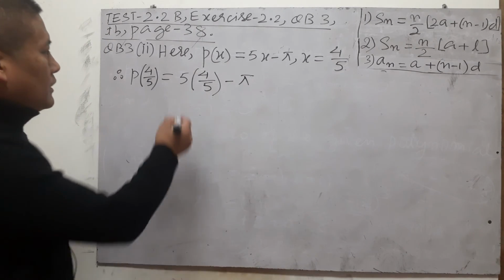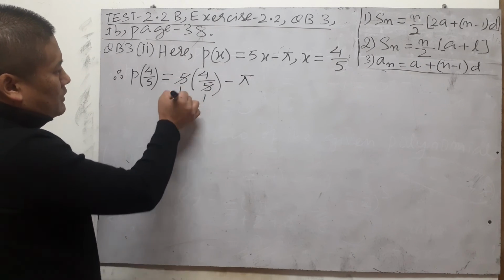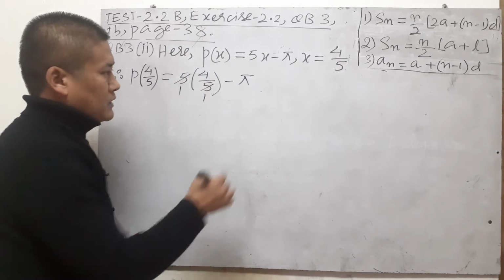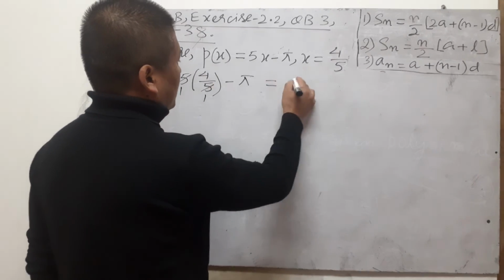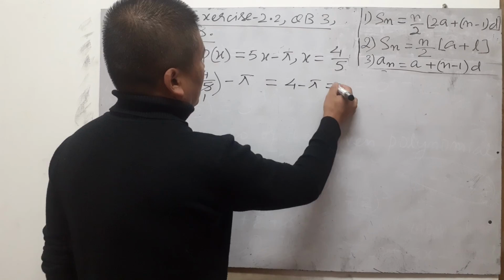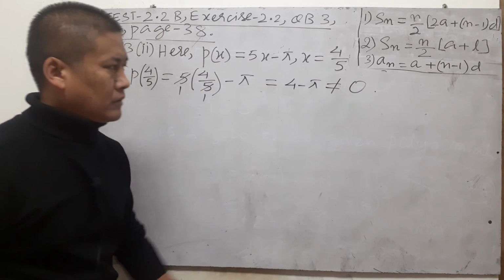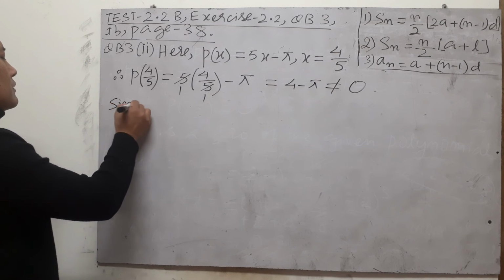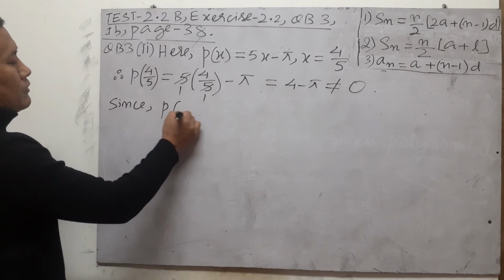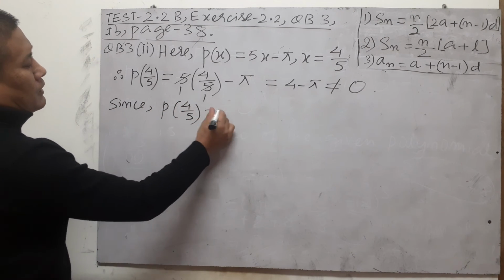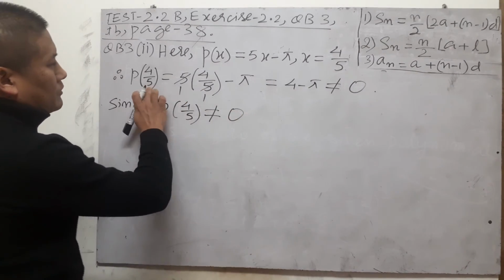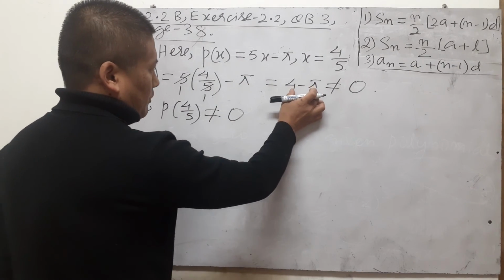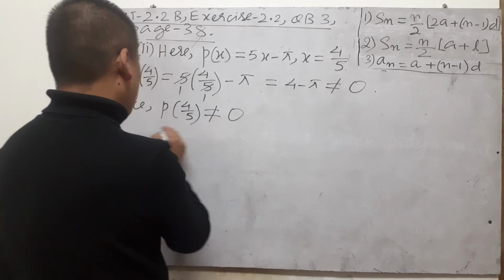And we can clearly see here up and down, 5 1s are 5, 5 1s are 5, can cancel. So we're left with 4 minus pi, which is not equal to 0. That is, since we found out P of 4 by 5 is not equal to 0, finally equal to 4 minus pi means not equal to 0.